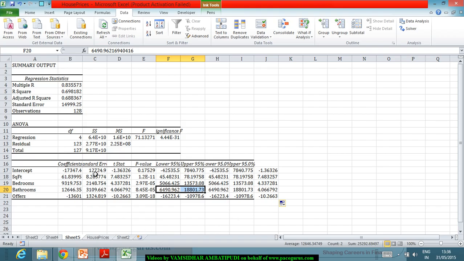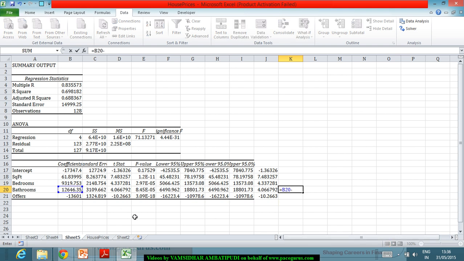So it is as good as saying the value minus two times the standard error to the value plus 2 times the standard error. Actually speaking, it's not exactly 2, it's 1.96 to be precise. On an average I can take 2, but slightly here and there.